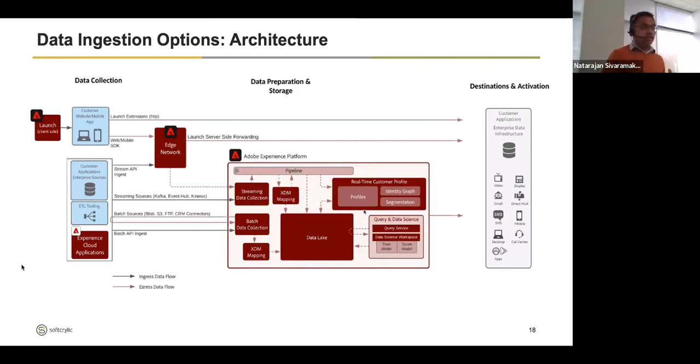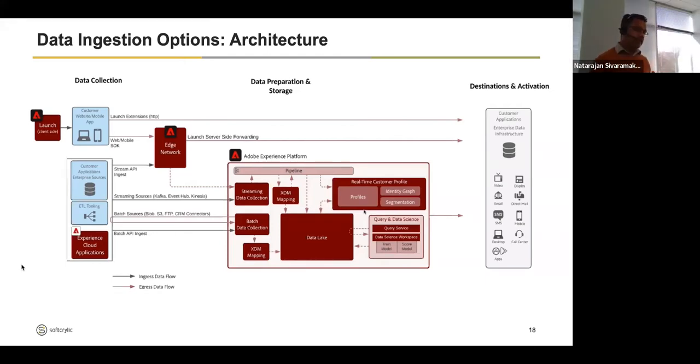The second option is that you can use the streaming API service and implement your own custom solution to push data into AEP, and that'll allow you to push the data into your data lake. And then from that point on, you can implement your workflows within AEP to process the data. The third option is to ingest the data using batch connectors.